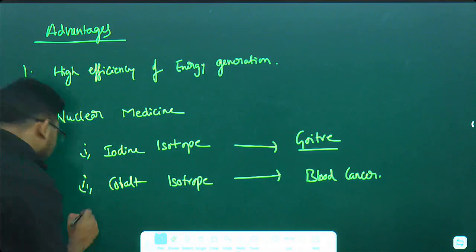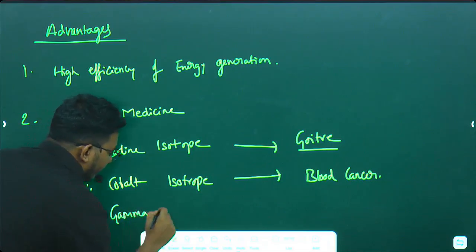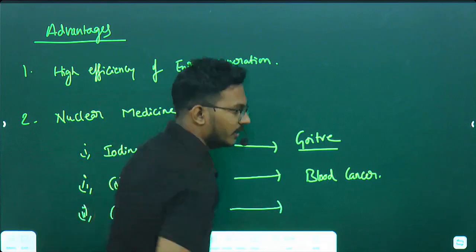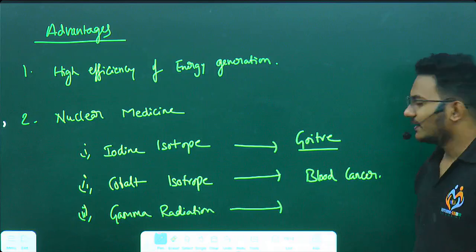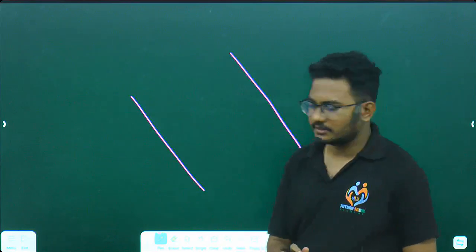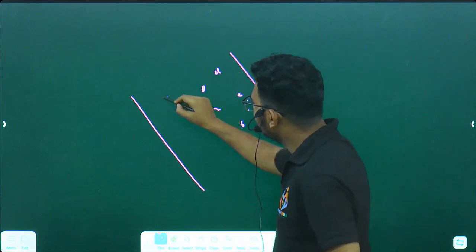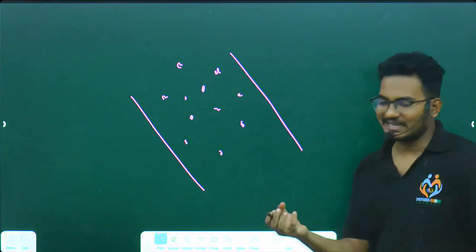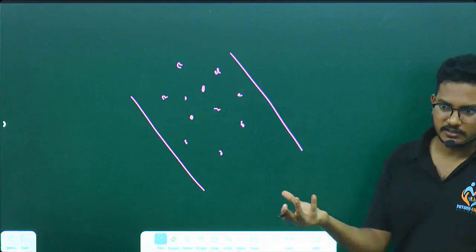And the third one, which everyone knows, is radiotherapy. What do we do in radiotherapy for cancer treatment? When somebody is affected by cancer, some tumors are formed, and slowly the size of the tumor increases.